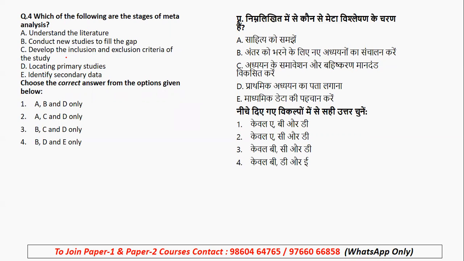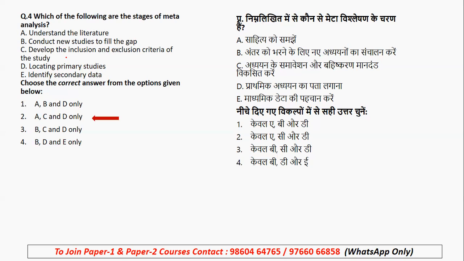It involves understanding the literature, conducting new studies, developing inclusion and exclusion criteria, locating primary studies, or identifying secondary data. So from the above, these are the stages of meta studies.